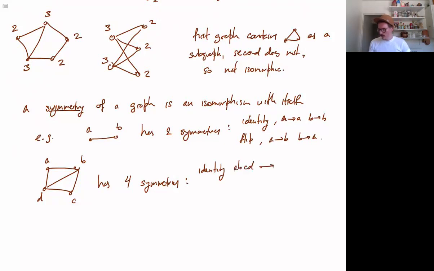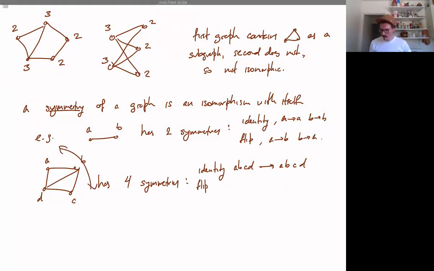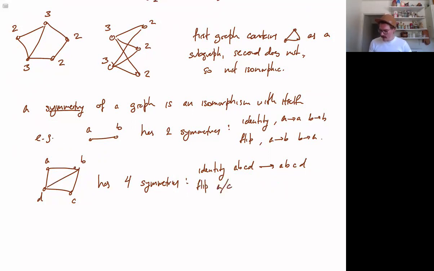So for brevity, I'm just going to write the letters in the list of where they go. So this means A is going to A, B is going to B, C is going to C, and D is going to D. There is the symmetry where we flip along this line of symmetry. So that is flipping A and C.